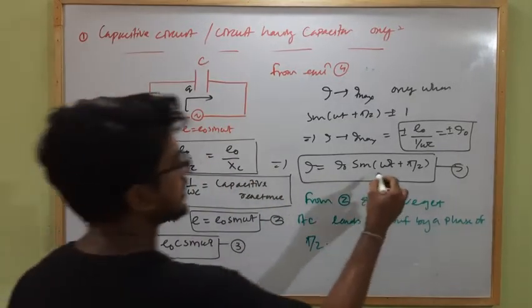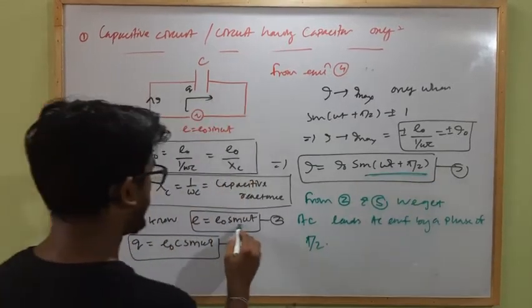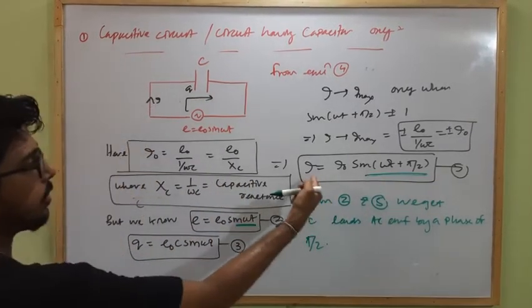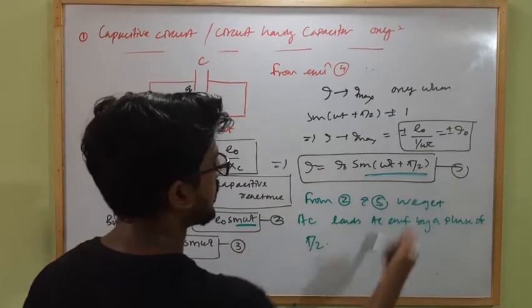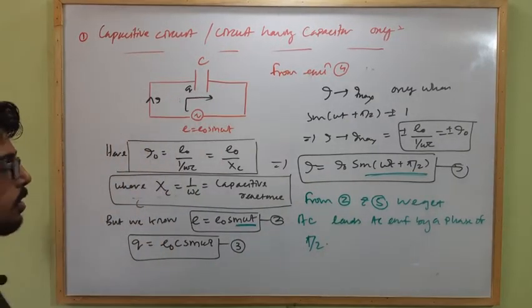Clear? The phase difference between these two will be how much? Pi by 2, and alternating current leads the alternating EMF by a phase of pi by 2. So now what will be the phasor diagram and wave diagram for these two?